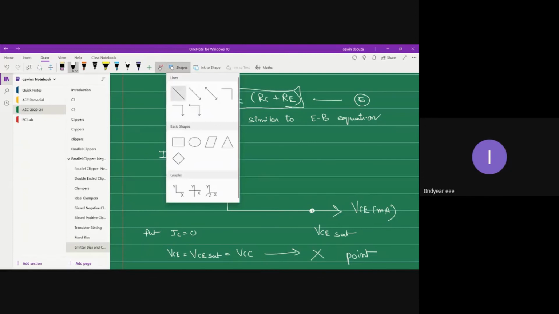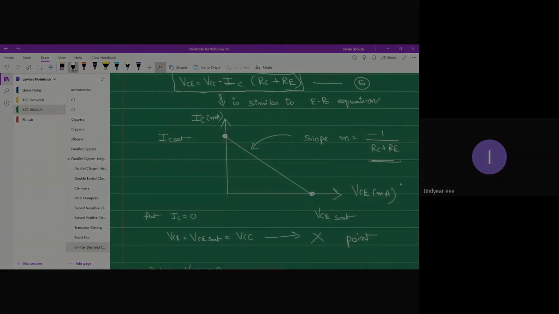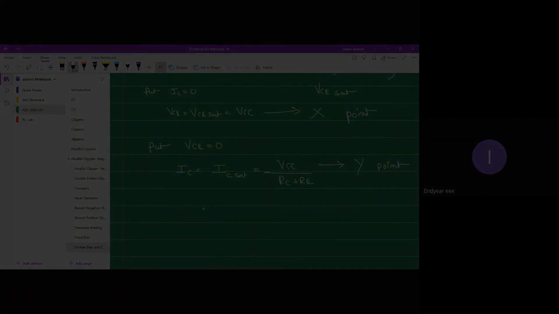Join the two points, and that will give you the load line. Once again, the slope of the load line is minus 1 by RC plus RE. So that concludes today's session.